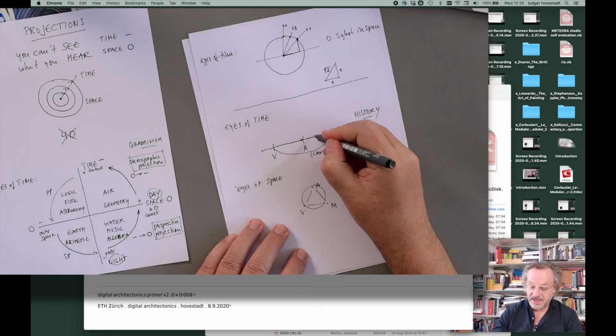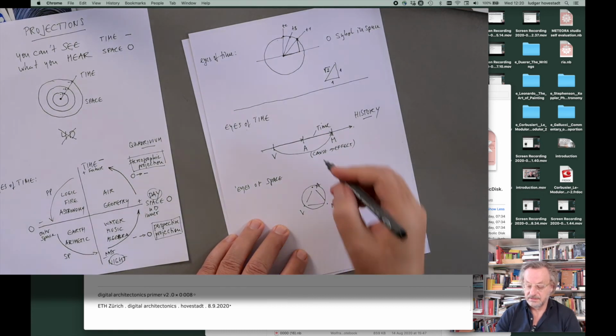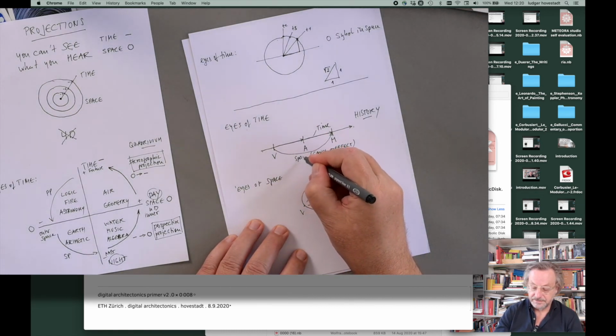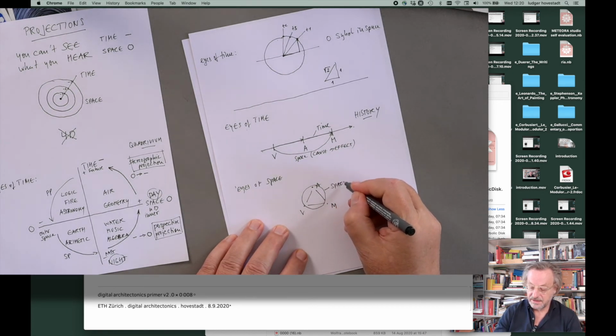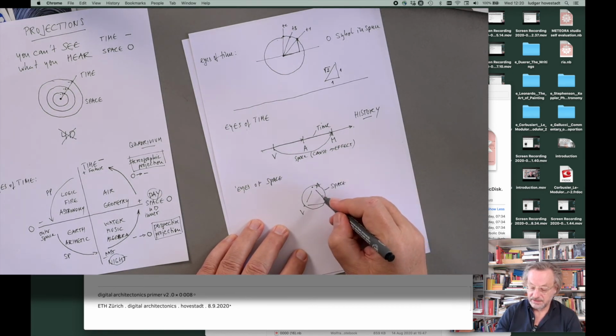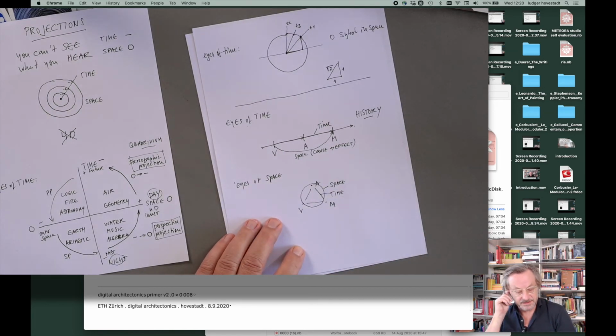So here, with the eyes of time, time is linear, and this is space. And here, space is circular, and time is linear. It's this.